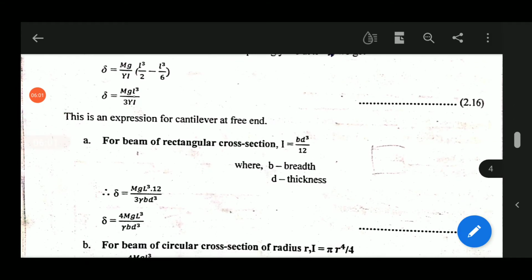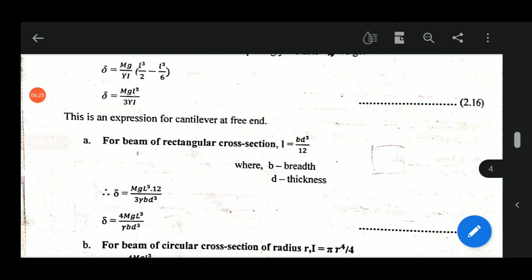Now suppose the beam has a rectangular cross section area. Then the moment of inertia I is equal to b d³ upon 12, where b is the breadth of the beam and d is the thickness of the beam.